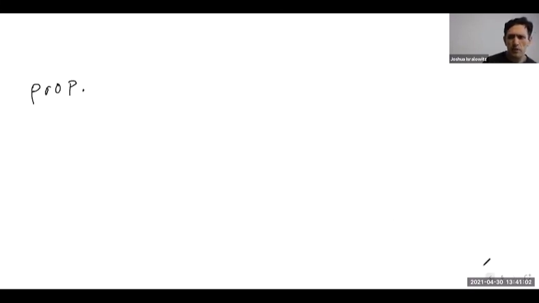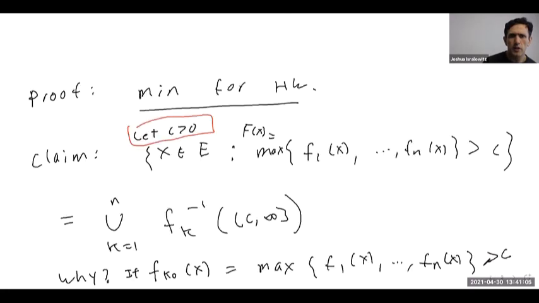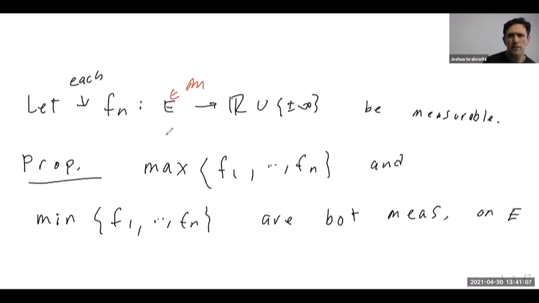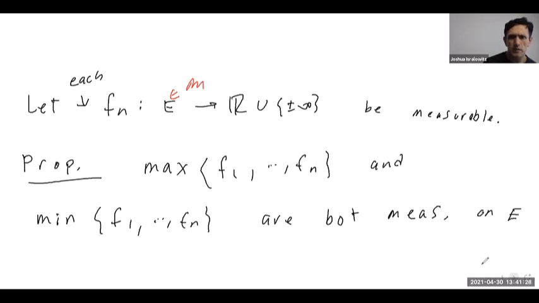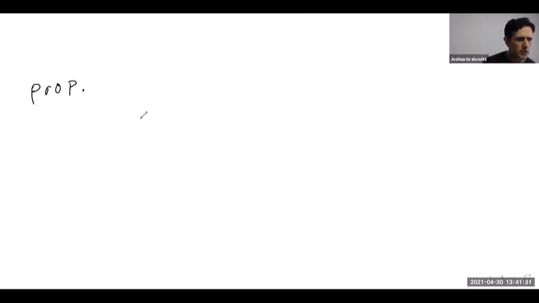So same assumption here: each f_n is measurable. So yeah, I have the following proposition. The infimum and the supremum, I'll write it like this.